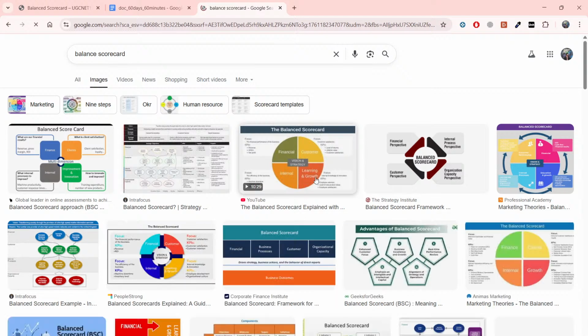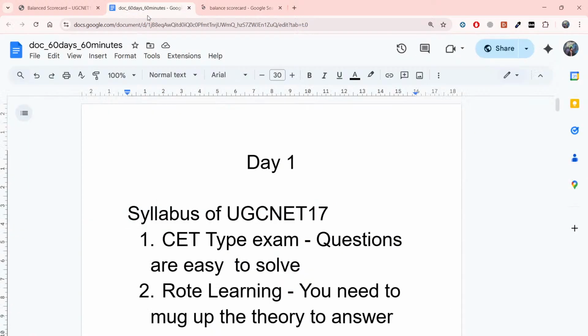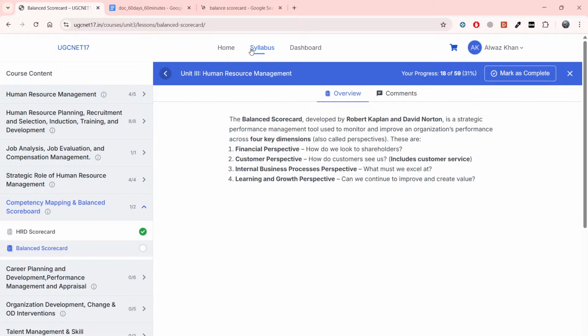Financial, customer, internal, and learning. We will check the portion.